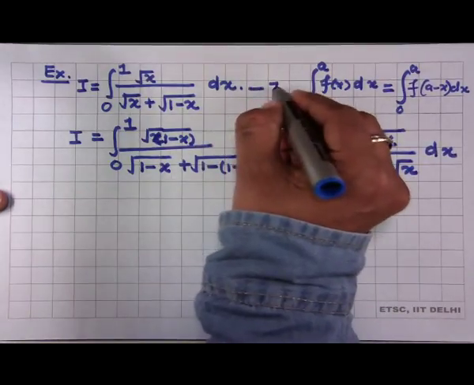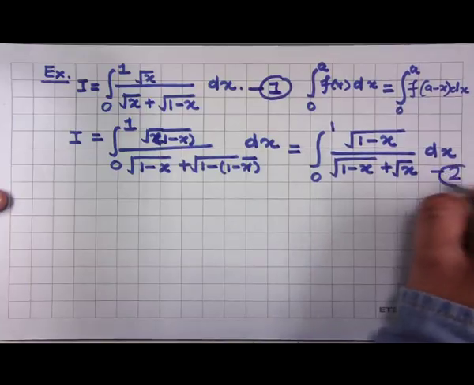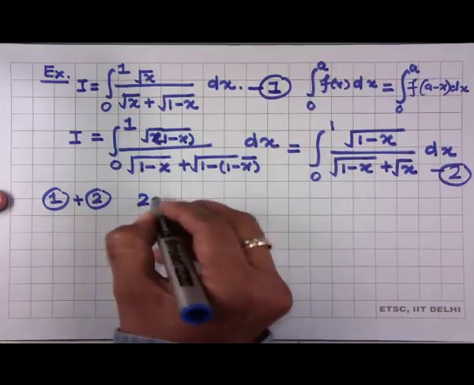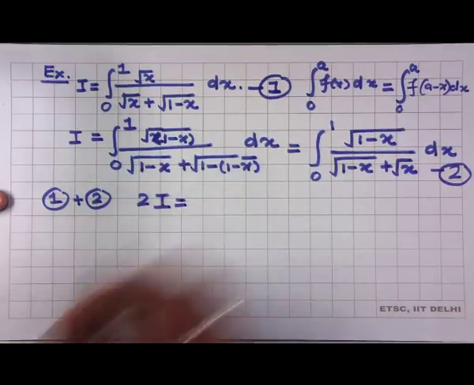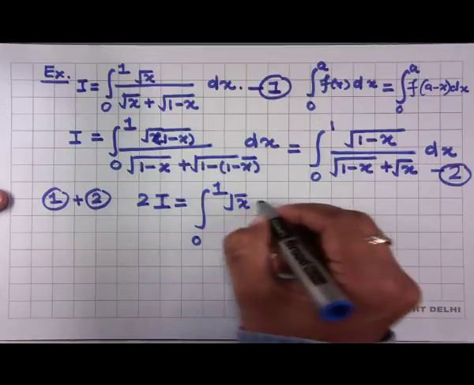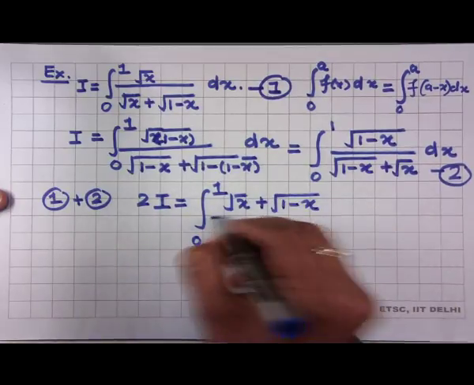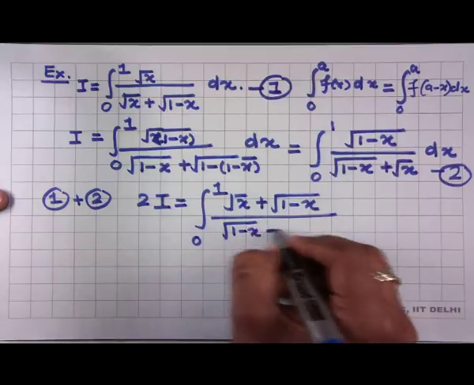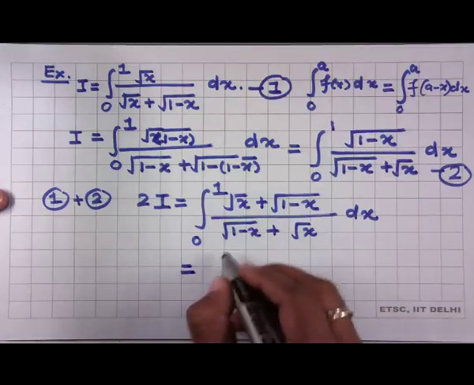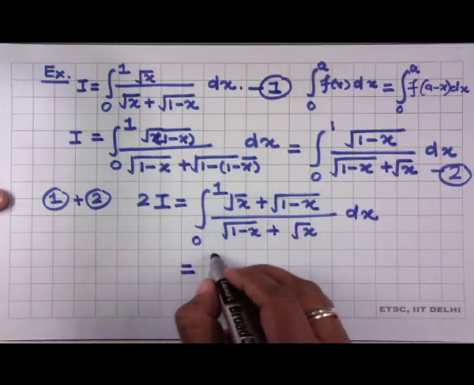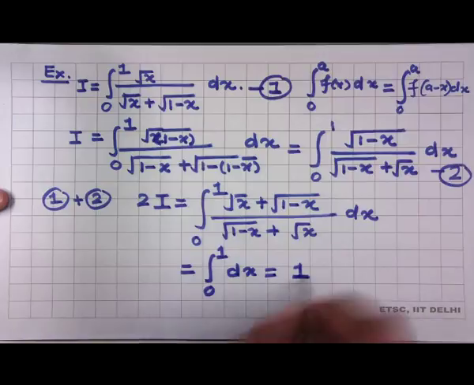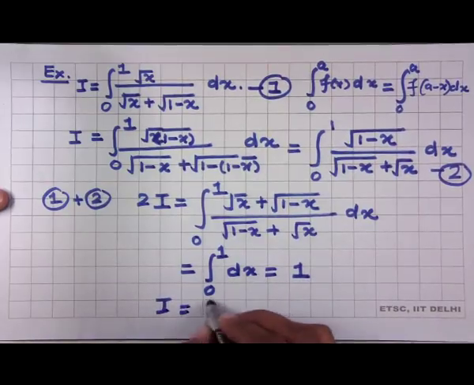So say this is 1 and this is 2. If we add these two equations we get 2I on the left hand side, and on the right we get the integral of the same expression over the same expression dx. You can see the numerator and denominator are the same, hence they get cancelled and we get 1, and hence I is 1 by 2.